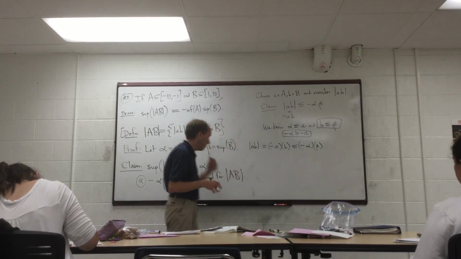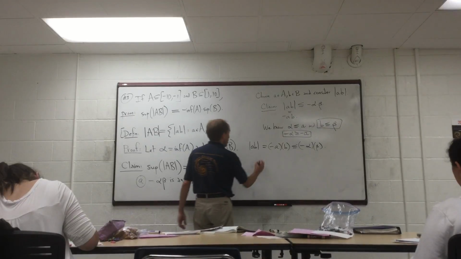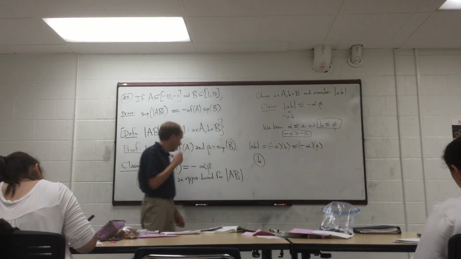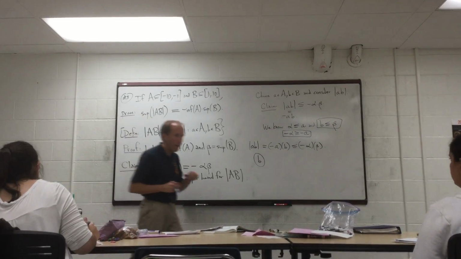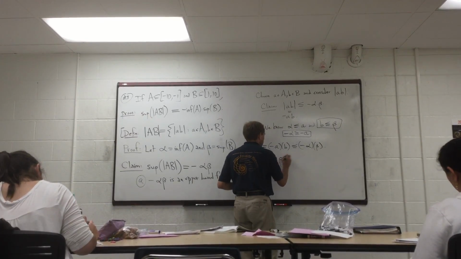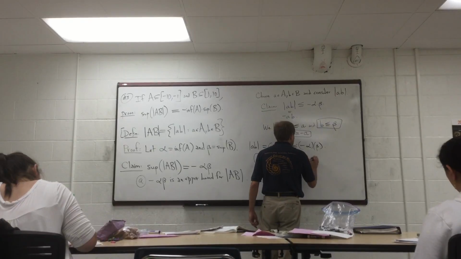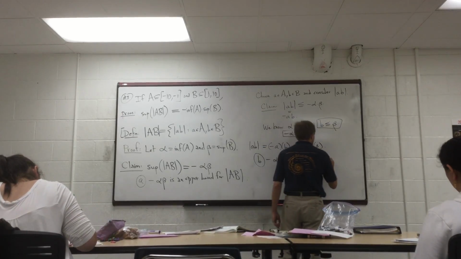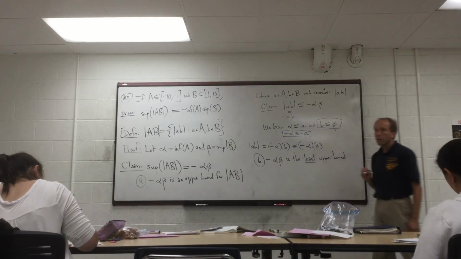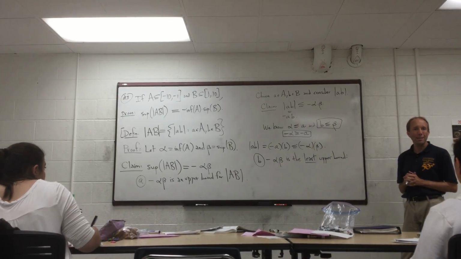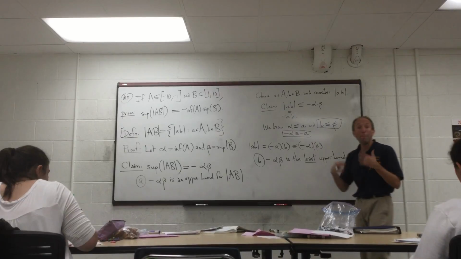Now we have to do the second part, part B of this thing, which is to prove that negative alpha beta is the least upper bound. You remember how we approach that typically? We introduce a gamma, right?